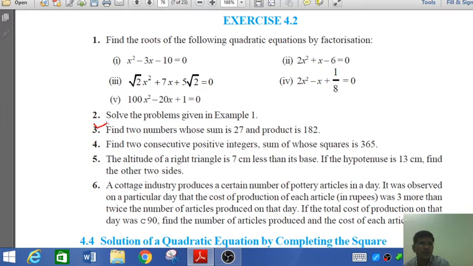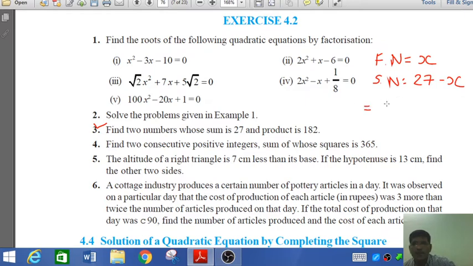Third sum. Find the two numbers whose sum is 27. If I take the first number as x, then the second number is 27 minus x. Don't take x minus 27.